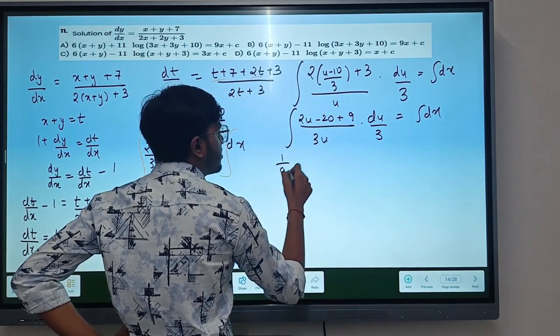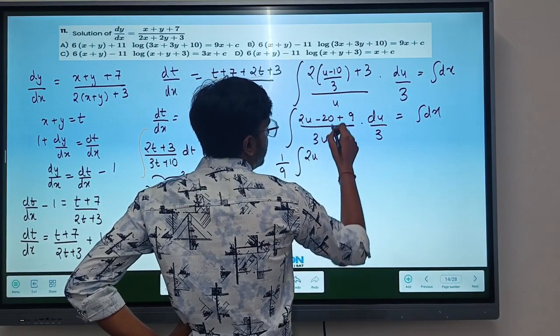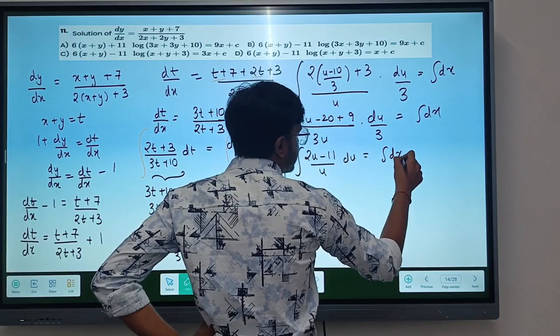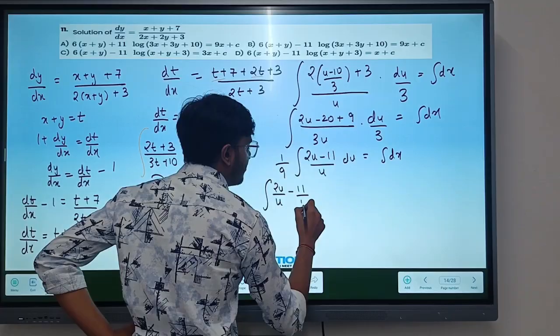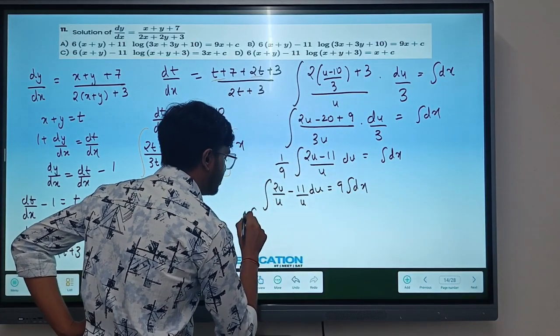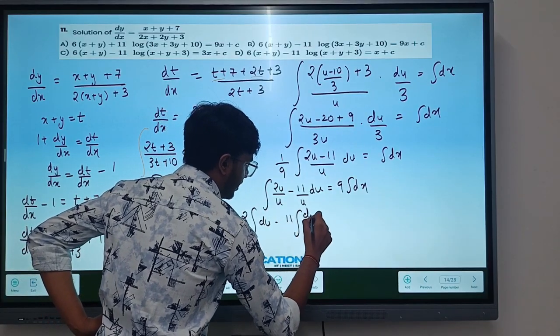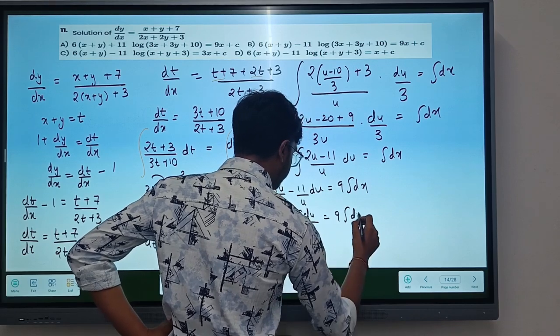So 1 by 9 constant comes outside. What is there here? 2u minus 11 divided by u du equal to integration dx. This 9 goes over here. Integration 2u by u minus 11 by u du is equal to 9 integration dx. So integration 2 du minus 11 du by u equal to 9 integration dx.